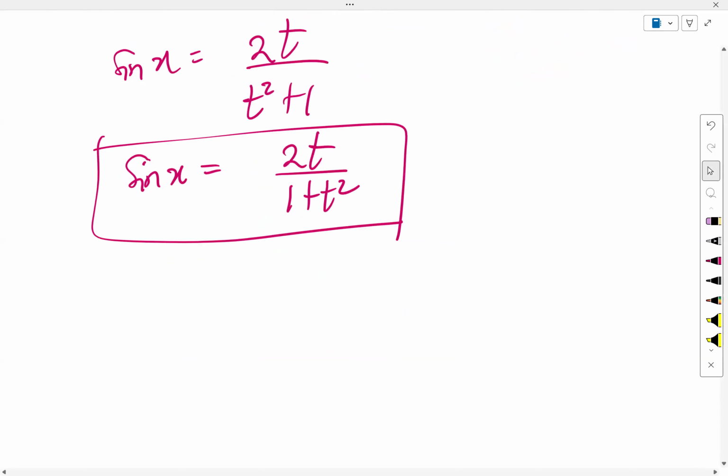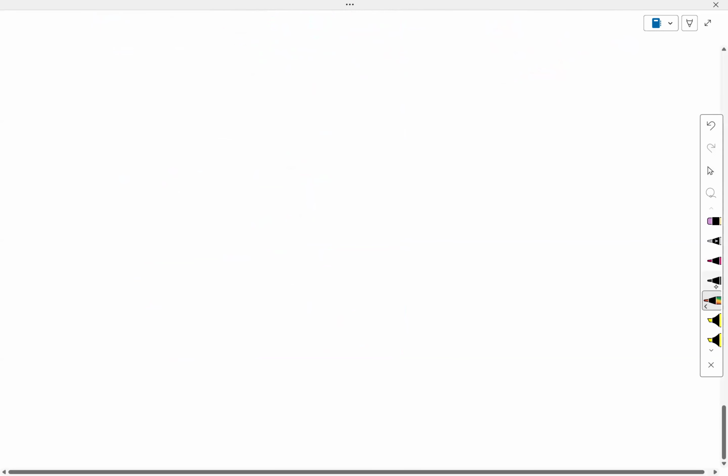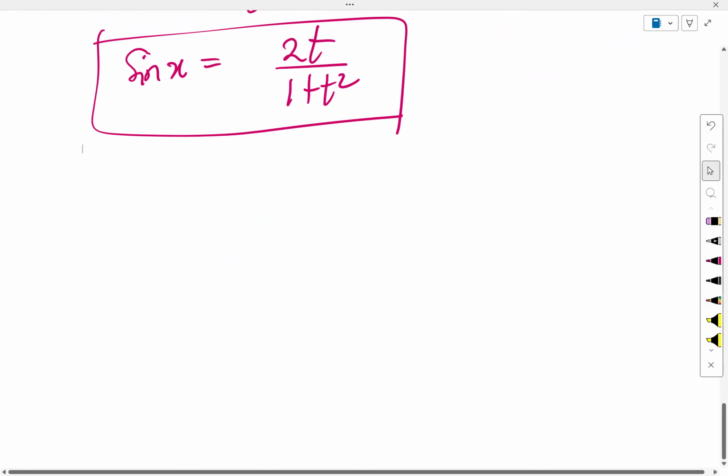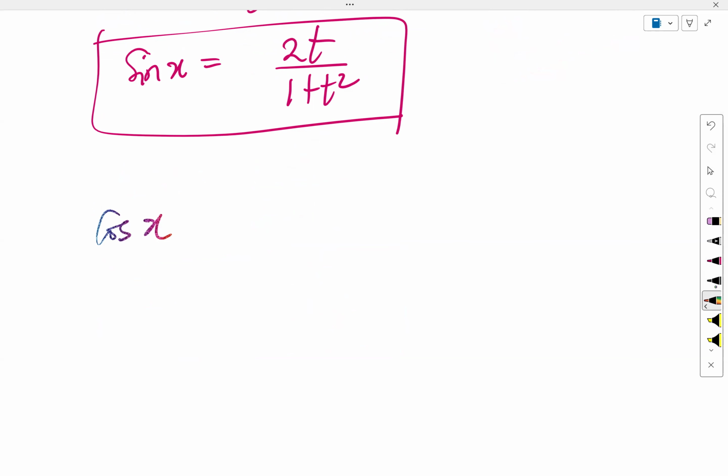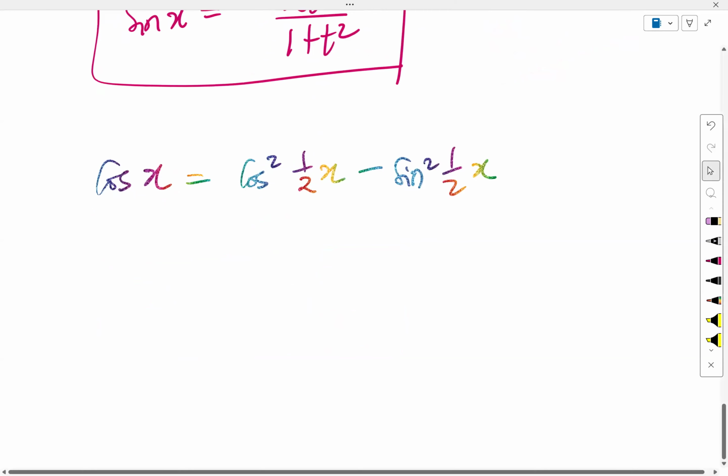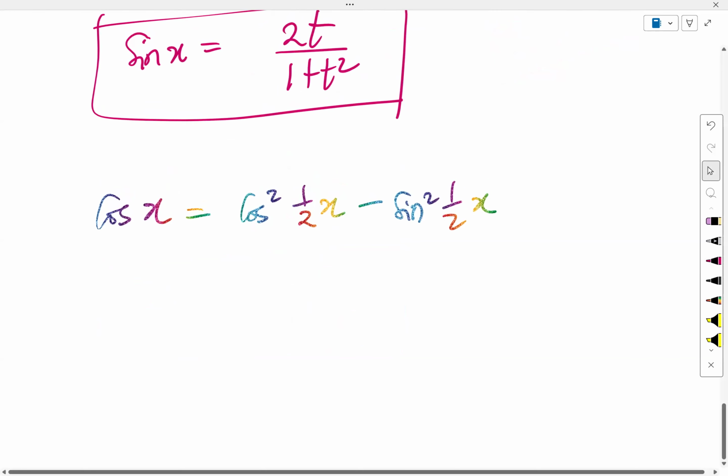But before we do that, let's talk about cos x. If we have cos x, we already know that cos x is the same thing as cos squared half x minus sine squared half x. So it's nice this way because we want to get tan out of it, right?